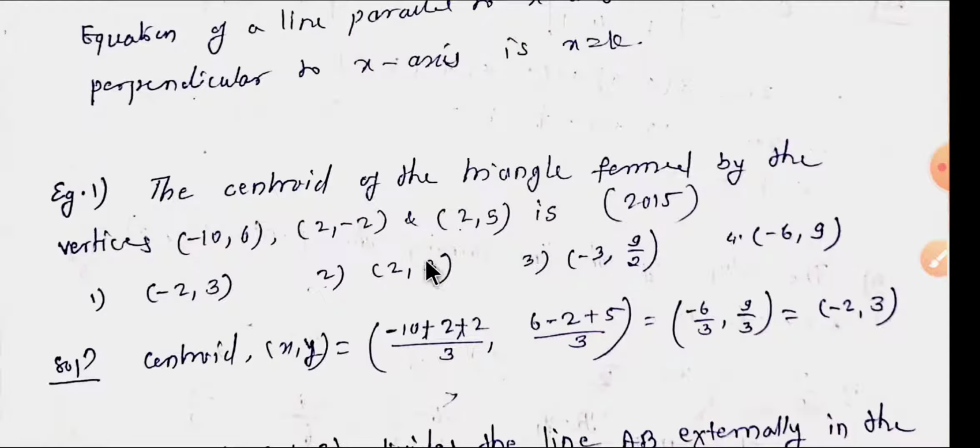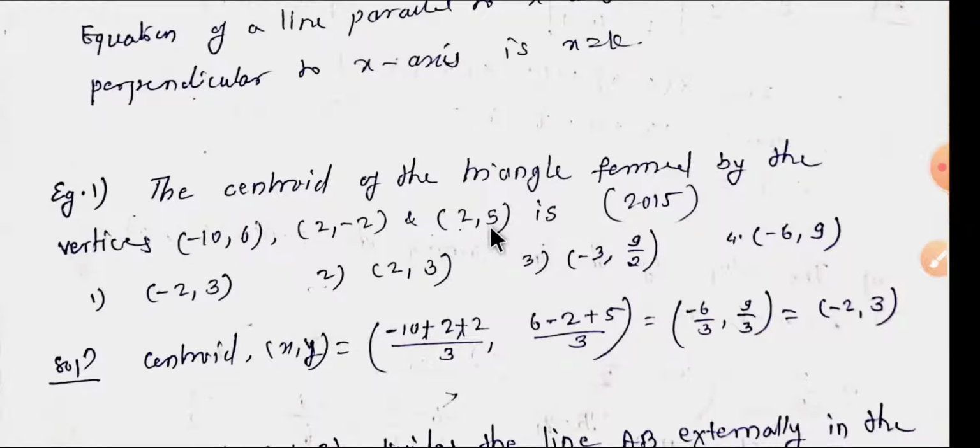The first example: the centroid of a triangle formed by the vertices (minus 10, 6), (2, minus 2) and (2, 5) is. The formula for the centroid is (x, y) equal to ((x1 plus x2 plus x3) by 3, (y1 plus y2 plus y3) by 3).